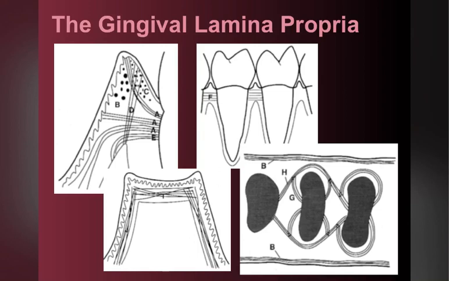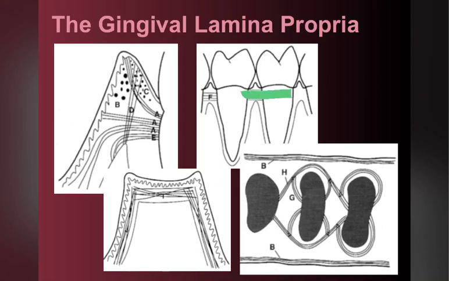B refers to this group, which is the longitudinal fibers. C, this group, these dots, are circular fibers. D, alveolo-gingival fibers. E, dentoperiosteal fibers.